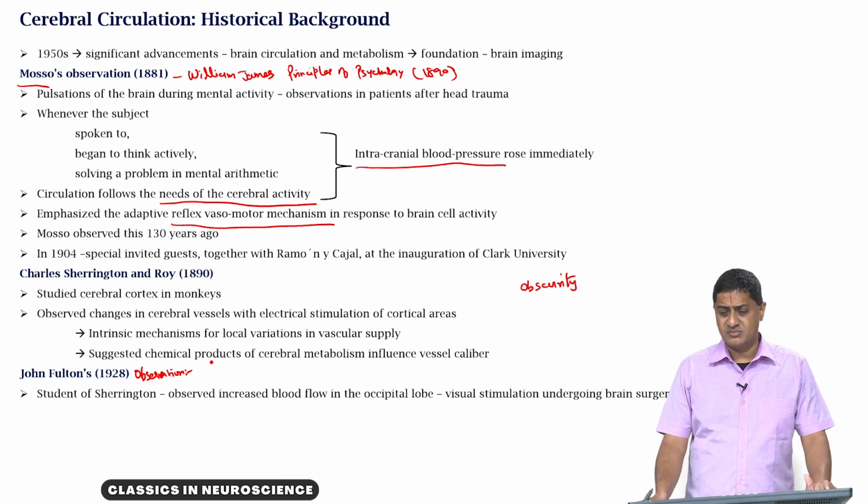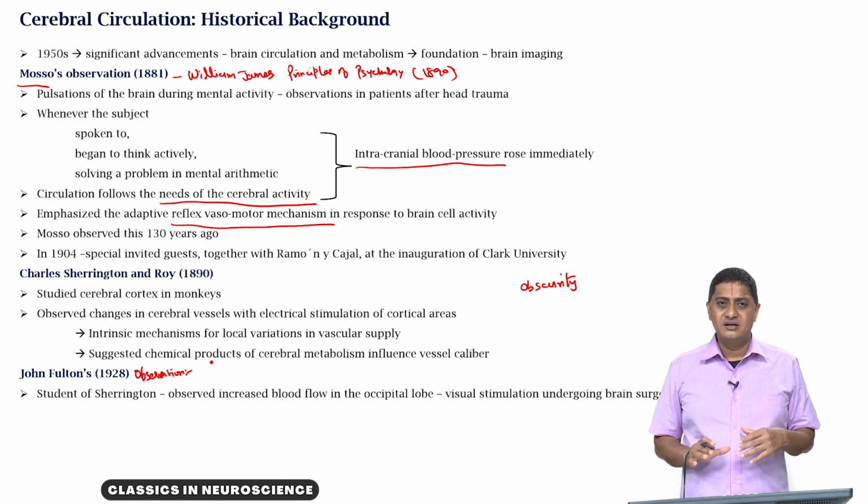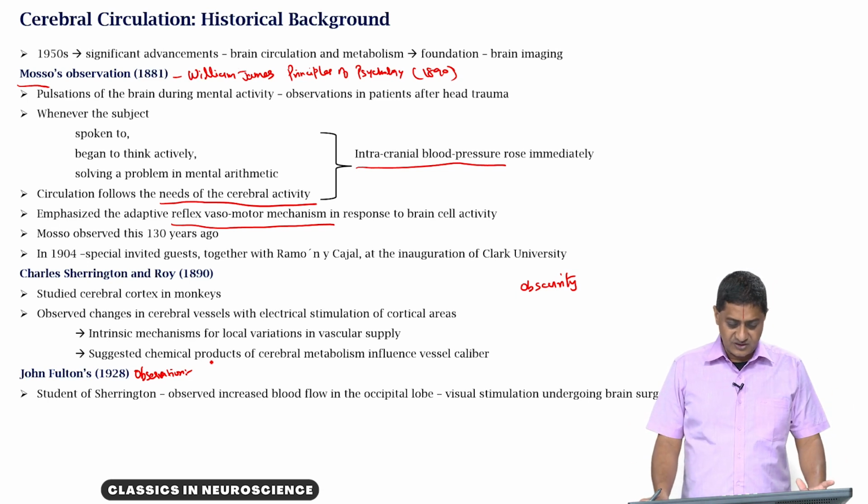So, that means the occipital lobe is somehow responsible for visual sensation or visual perception. Obvious today, but not obvious at that time. So, there was an increase in blood flow to the region responsible for handling visual stimuli whenever visual stimuli were presented to the subject. I think this experiment was in cats.